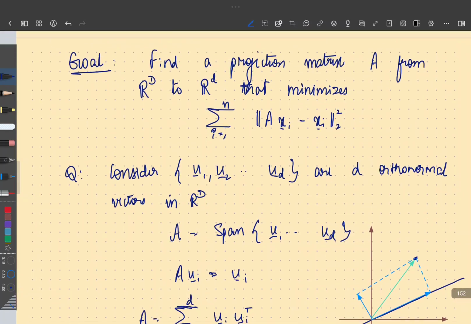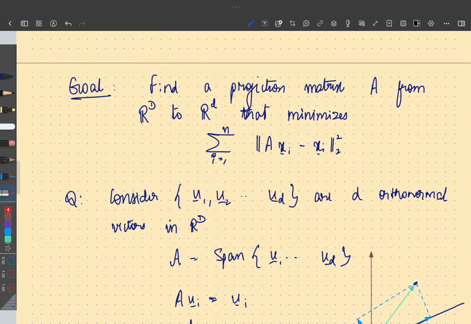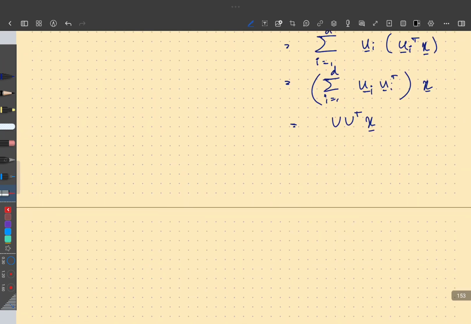So this is a projection, and my goal is to find a projection that minimizes this particular quantity.